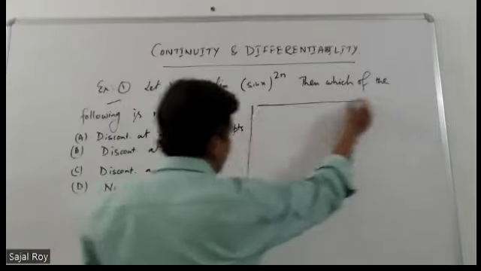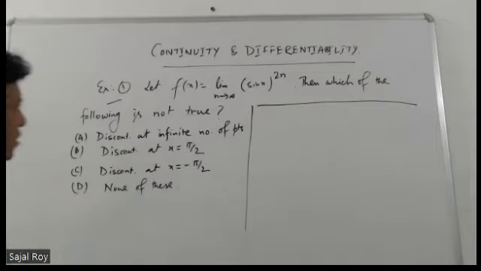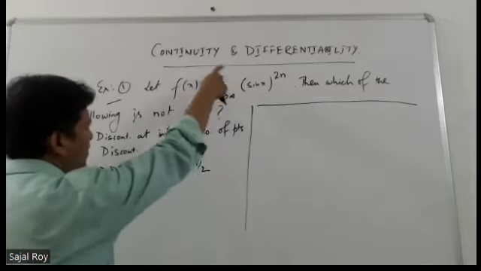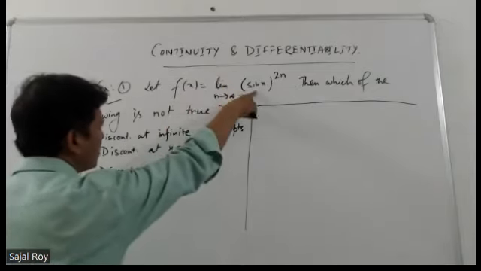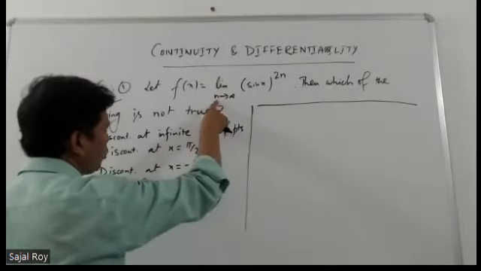Okay, to solve this question, you see the function is given by the limit of sin x to the power 2n, n goes to infinity.